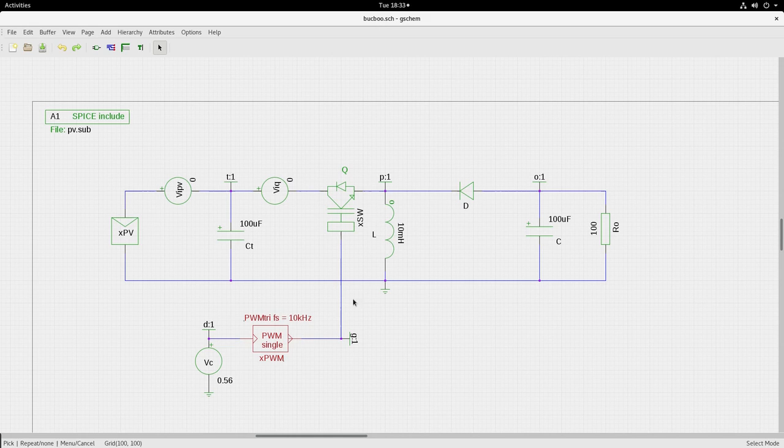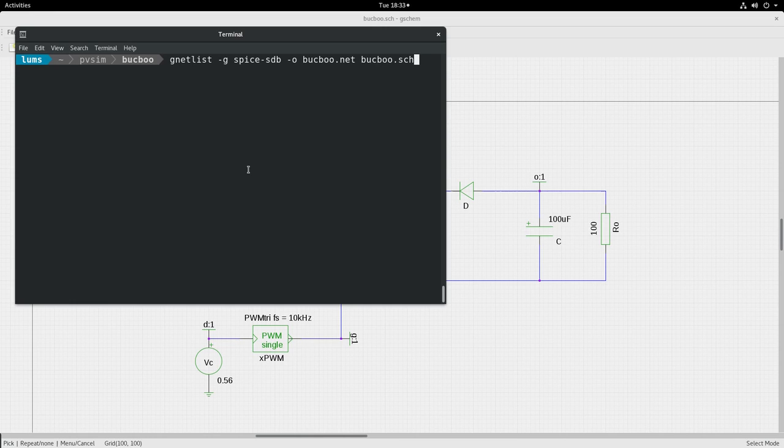Now let us simulate this circuit for 100 ohm R0 and the VC value set in such a way that duty cycle is 0.78. So let me open the terminal, and I will use gnetlist to generate the netlist for the buck boost schematic.